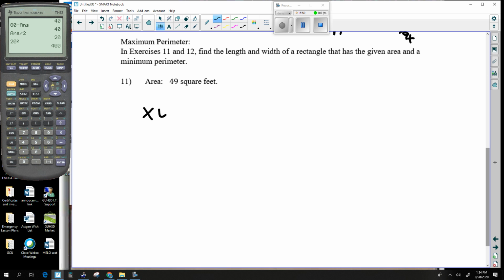All right, so the rectangle has an area of 49. And we want a minimum perimeter. So perimeter is 2x plus 2y.